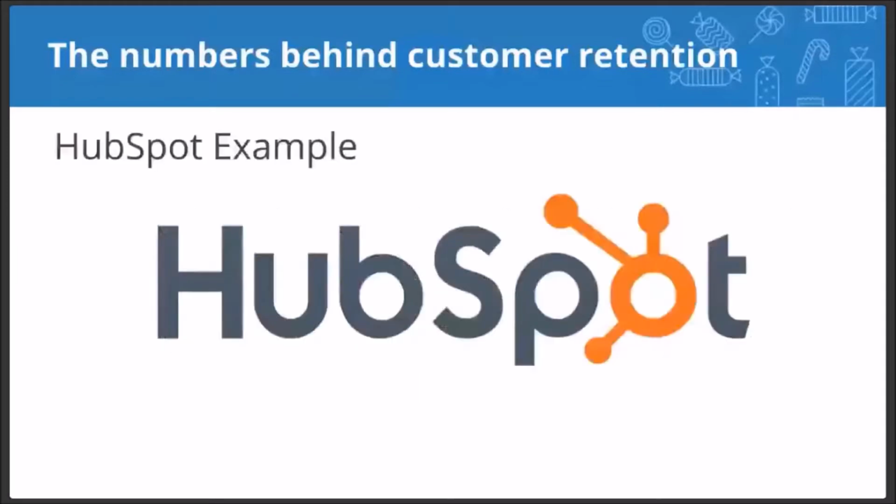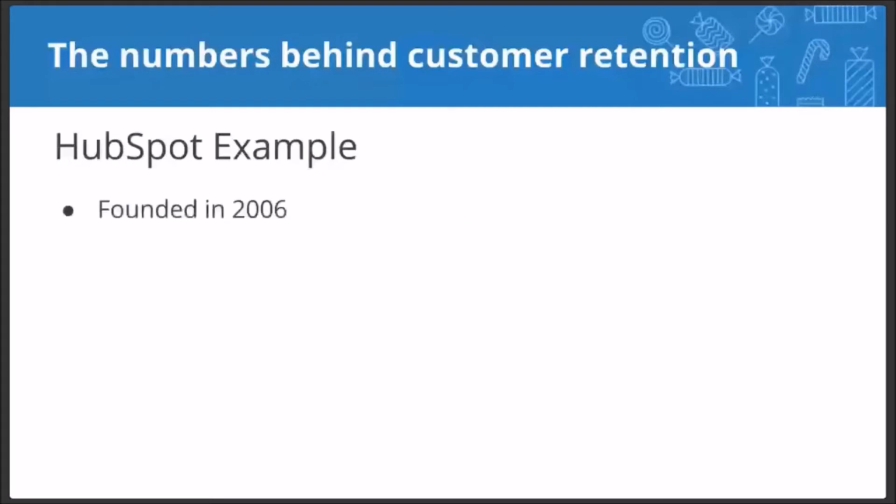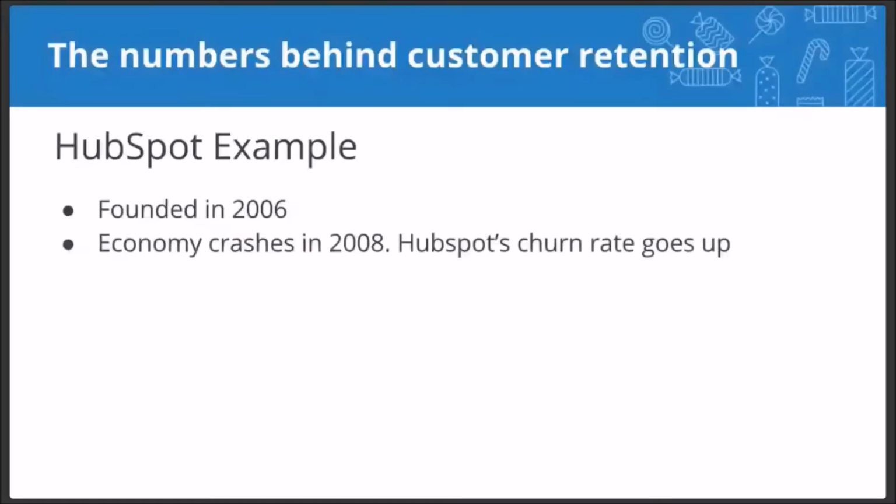And this is one of the examples that I wanted to bring you today. This is HubSpot. I'm pretty sure that all the marketers in this room know HubSpot. It was founded in 2006. Just 2 years later, the economy crashed in 2008, so HubSpot's churn rate went up. Why?